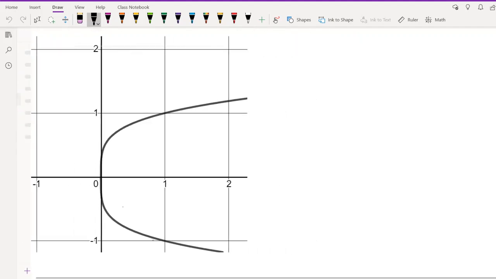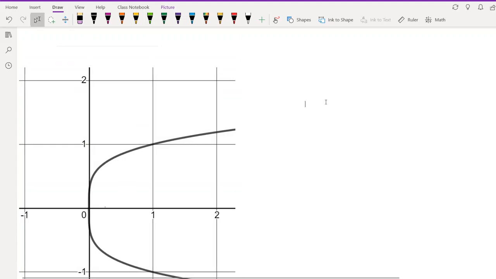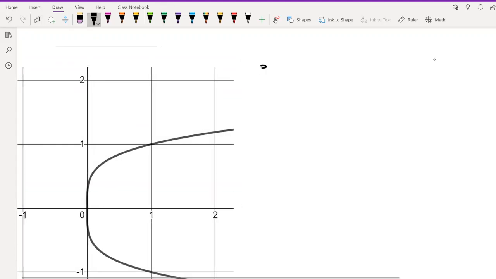Okay, last example. This one is going to introduce something a little different, a little tricky. In this case, we're not going to be revolving around the x or y axis. We're going to be revolving around a specific line.